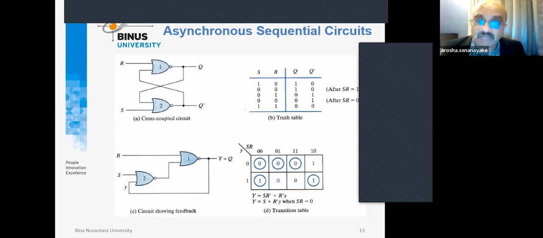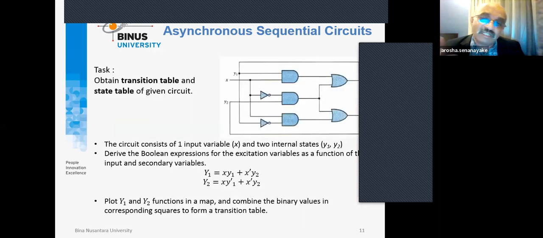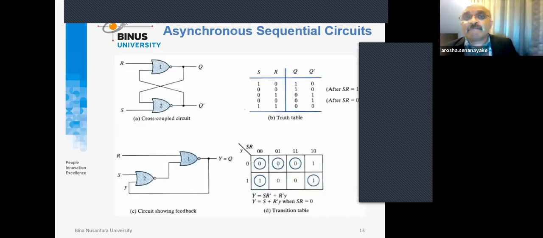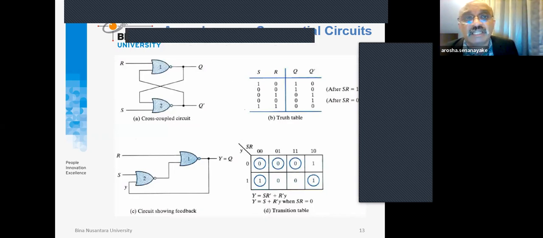So in this case, if you look at it, what we have is, of course, a very simple circuit, not much complex, quite easy to obtain. But then there are more complex circuits that we have to look into. So then very similar in this case, of course, this is an SR circuit.